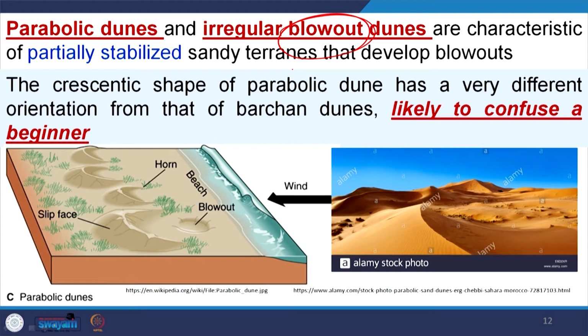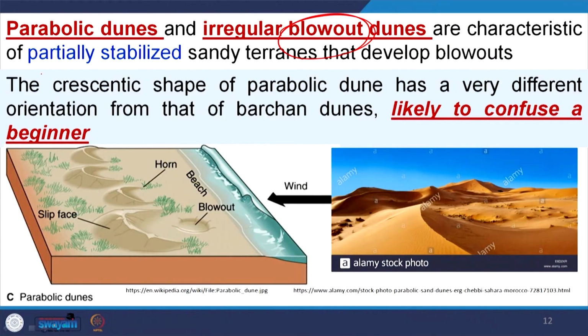We say blowout when the deflation hollow goes down to the water table or to the root zone of the plants. So, this blowout dune itself says the material involved in the formation of the dune is coming from the blowout, that is, from the removal by deflation. This material is deposited here and it is removed from here. So, this is called the blowout dune or the parabolic dune.